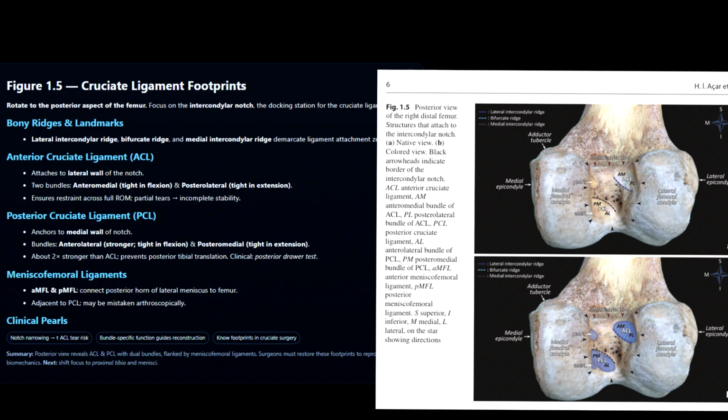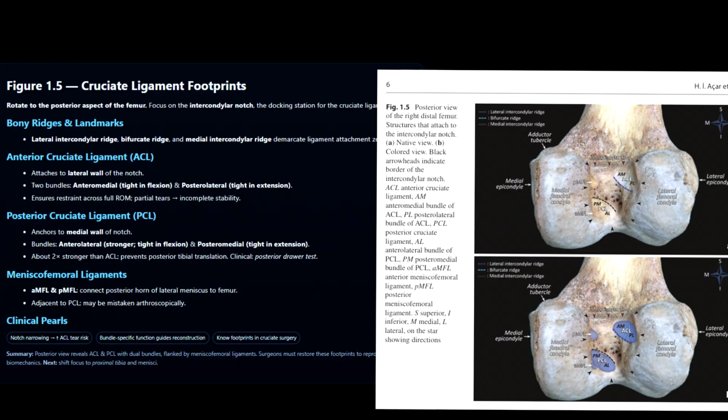The anterior cruciate ligament, ACL, which you all know as the most commonly injured ligament in sports, attaches to the lateral wall of the notch. More specifically, it divides into two functional bundles: the anterior medial bundle, which is tight in flexion, and the posterior lateral bundle, which is tight in extension.